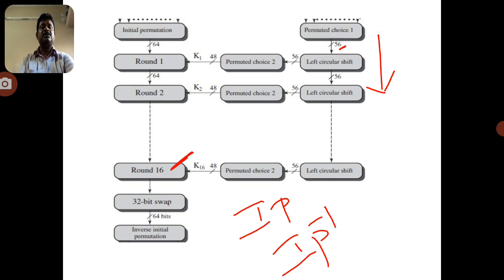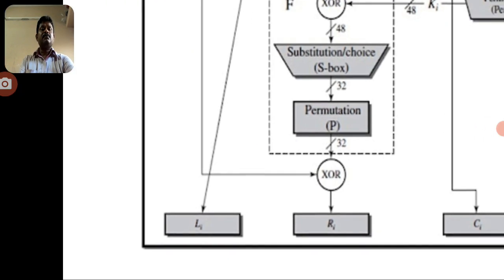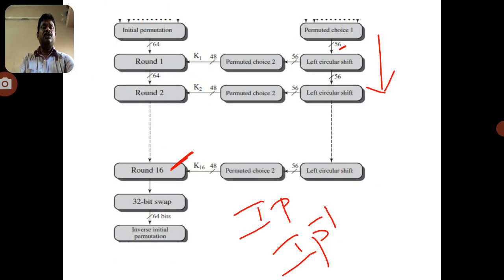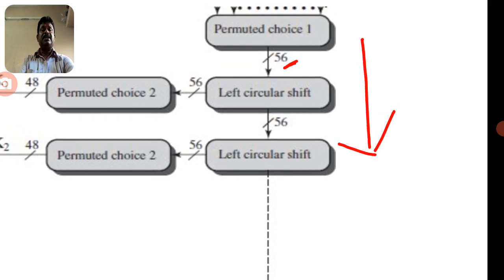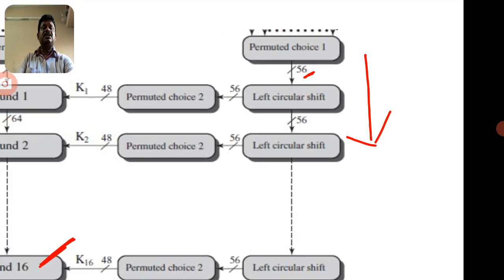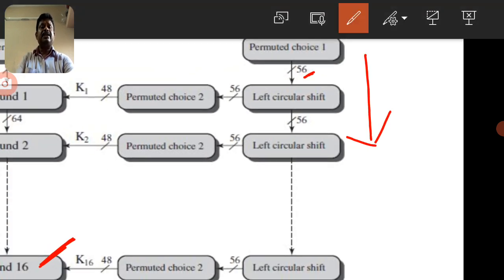Here you can observe the initial permutation. So the initial permutation takes the 56 bit data, and next we apply the left circular shift operation. The left circular shift is a different operation, which identifies the shifting.